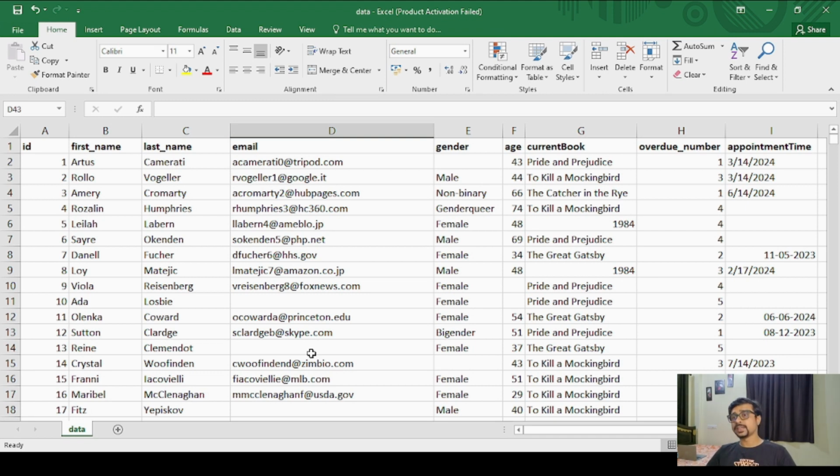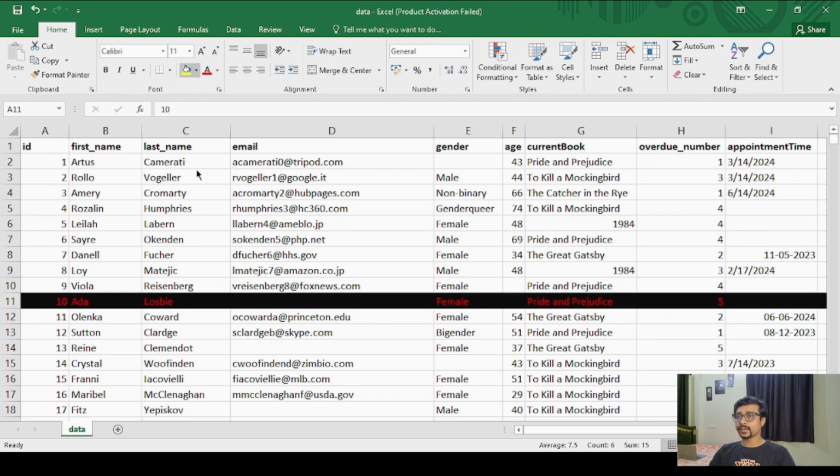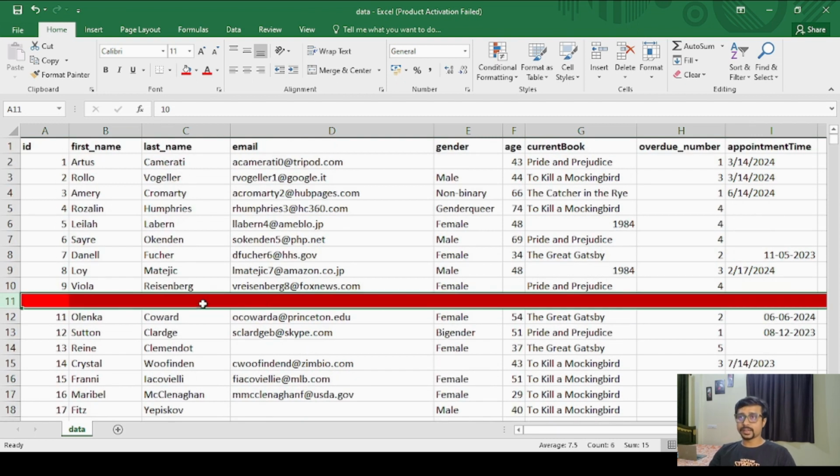First name and last name will be similar for many users. Only email is unique, and that got missed. That means there is no point in having this data, because this entire row is null and void. So for these records, I can go ahead and delete them. These red-indicated rows are the deleted part. There is no point in keeping that data.